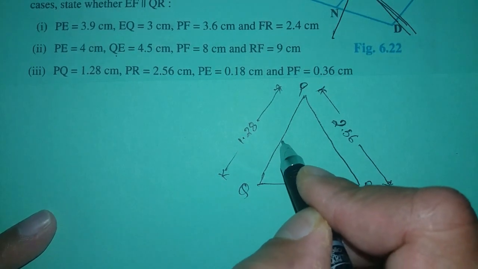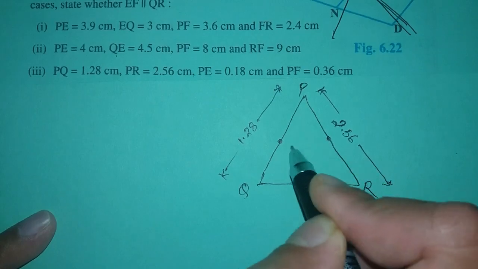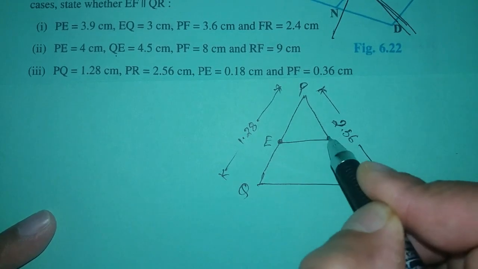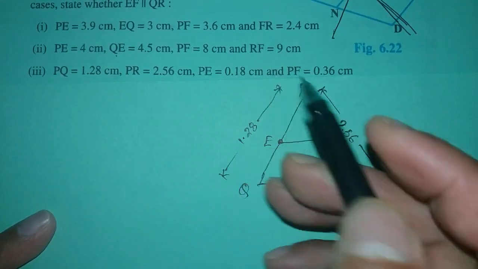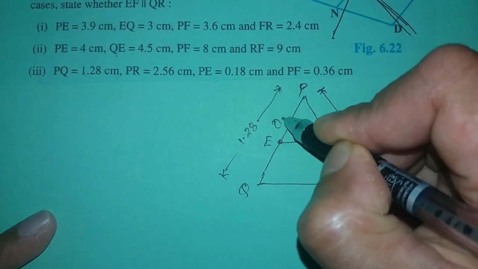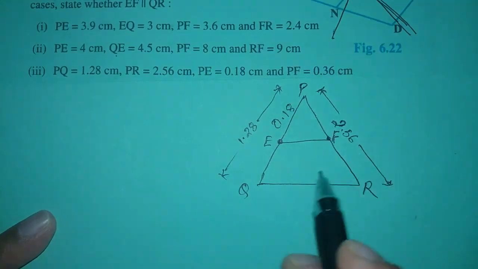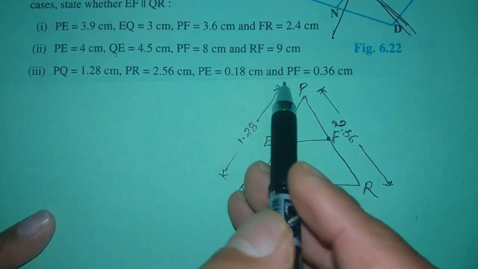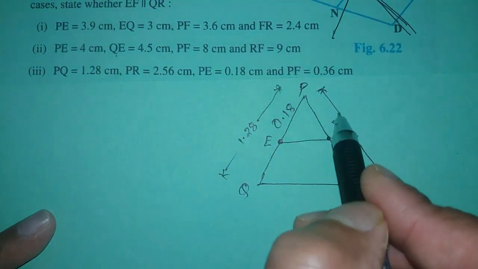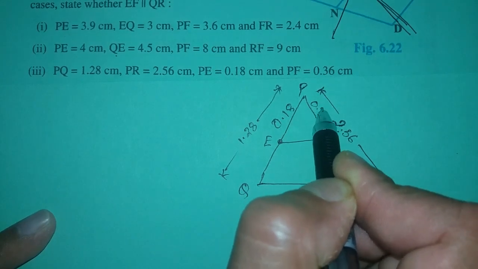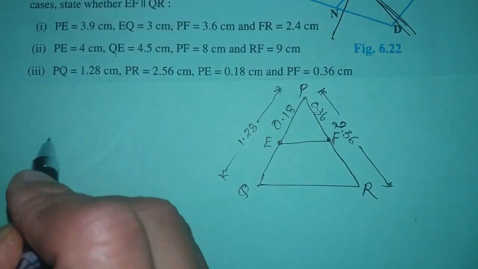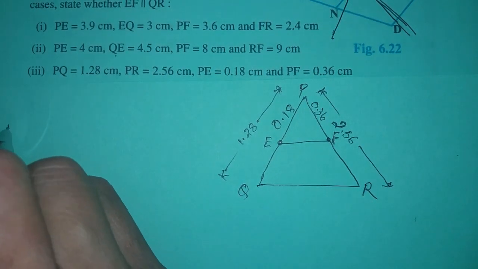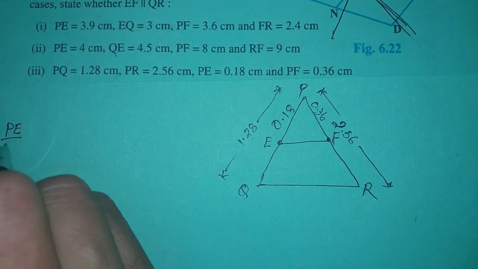Then we have here E and F, EF. PE is 0.18, and PF is 0.36. Let's find out PE by EQ.